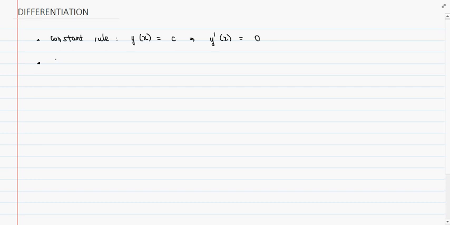Now the second rule is called the scalar multiple rule. This is very straightforward as well.